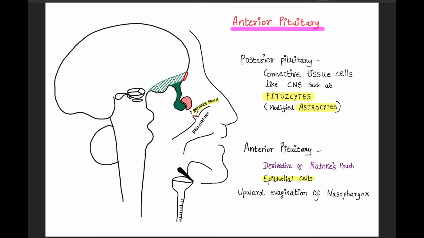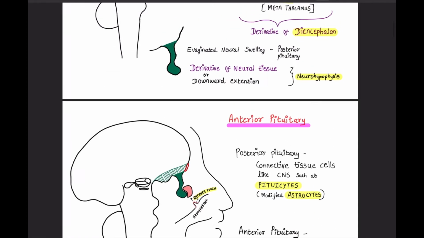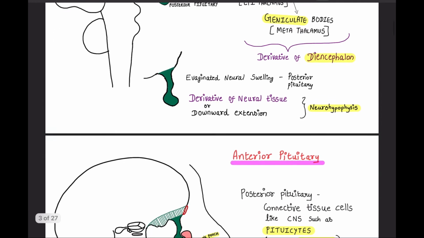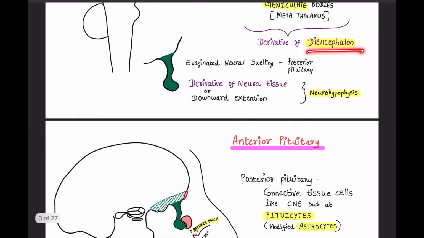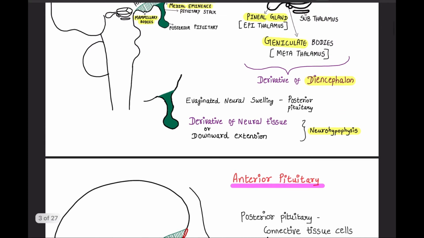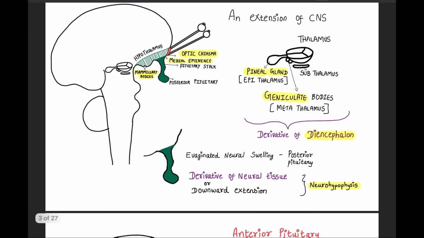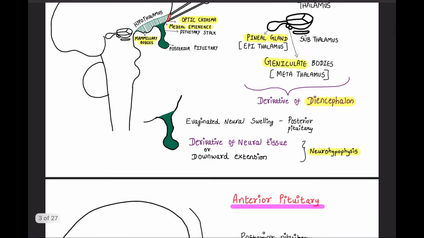So the anterior pituitary is an upward evagination of the nasopharynx, or it is derived from Rathke's pouch. The posterior pituitary is a downward extension of the central nervous system, or you can say it is a derivative of the diencephalon, derived from neural tissue. This connection between the hypothalamus and the posterior pituitary, we can say, is the neurohypophysis.